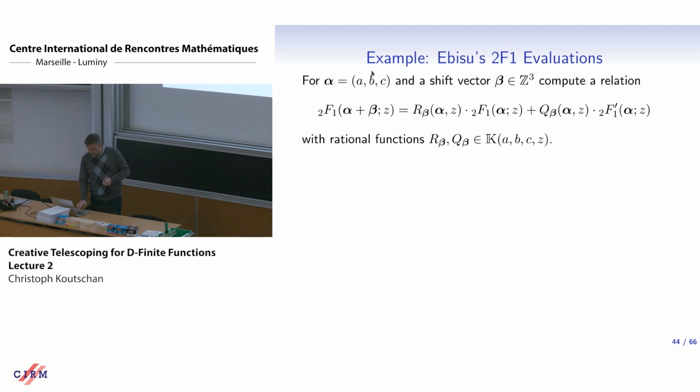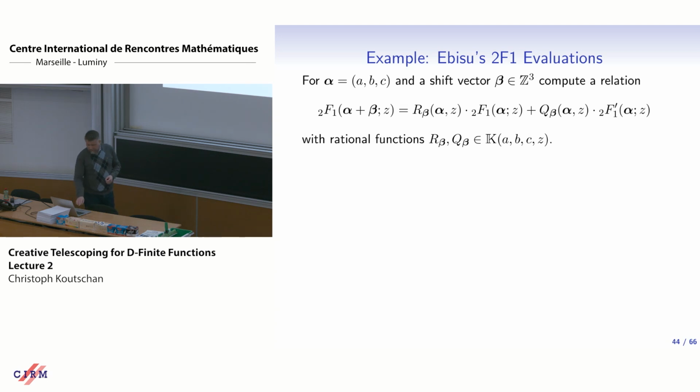So in particular, we can look for a relation of this form. That is, we have the function itself that is here. We have its derivative with respect to z. And then here we take another instance that is a shift. So beta is a concrete shift vector. For example, 2, 2, 1. But you can take any numbers.